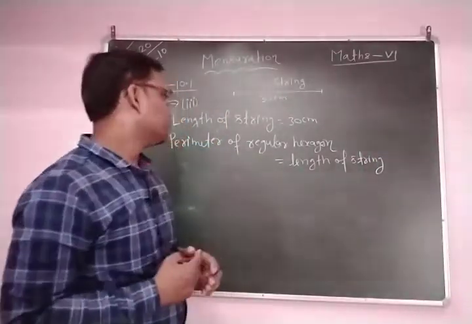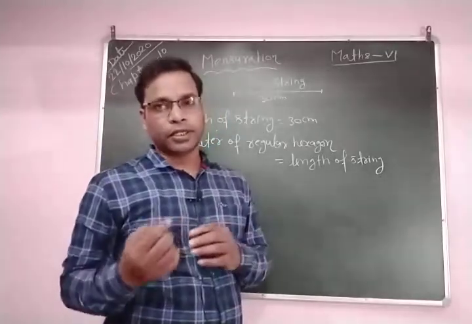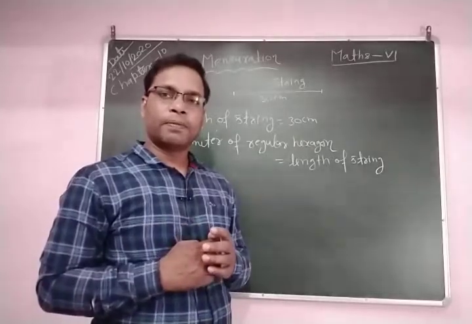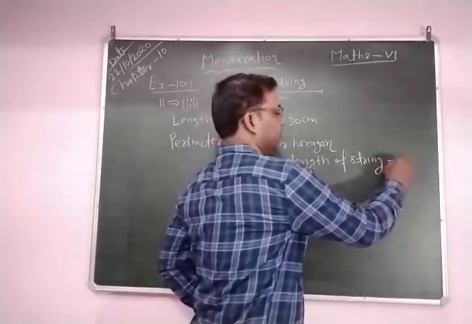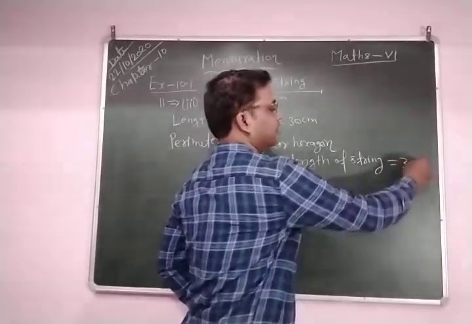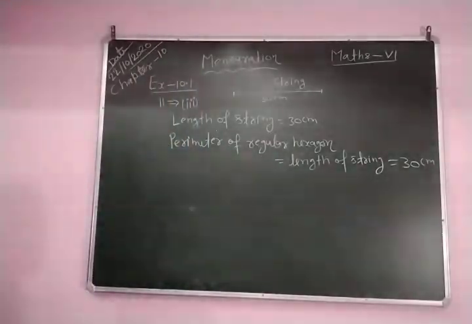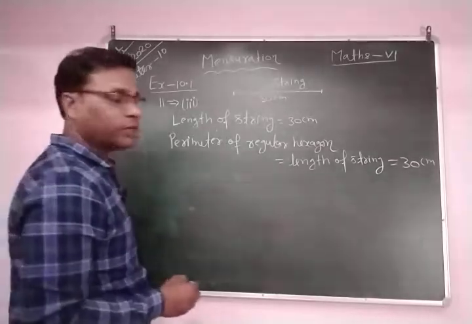Because this regular hexagon is made by this string, the length of the string is equal to the perimeter of the regular hexagon. This is equal to 30 centimeters. Clear? In this question, the length of the string is given as 30 centimeters, so this is the perimeter of the regular hexagon. So we need to find the length of the side of the regular hexagon.